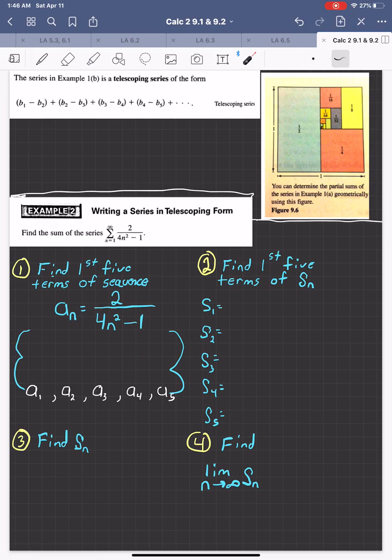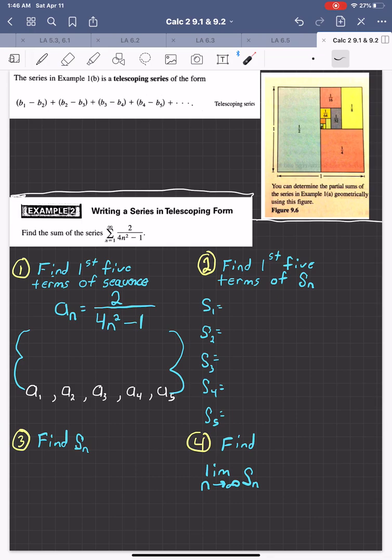List the first 5 terms of the sequence, then list the first 5 partial sums, use the partial sums to find an S sub n, and then take the limit as n goes to infinity of that nth partial sum. So what is the best way of doing this?